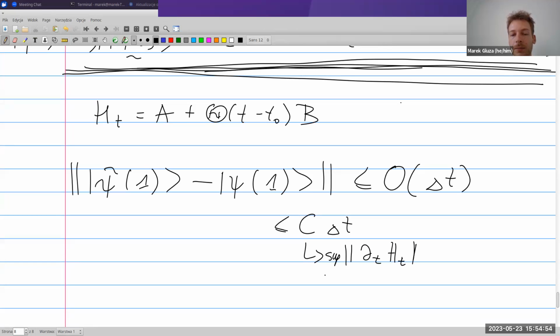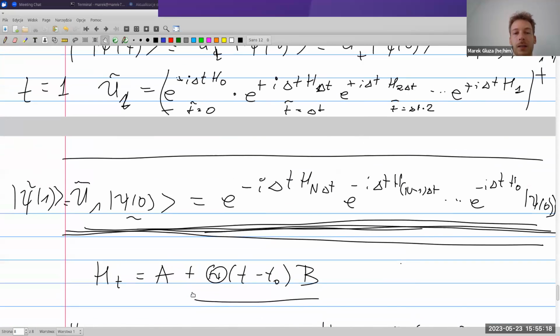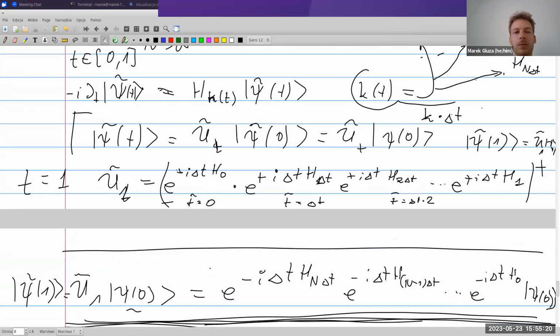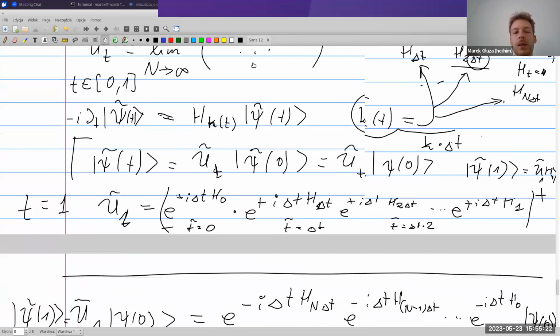And here we would need some supremum over t in our interval, that's why 0, 1. And that's what we did. What we said is h prime is smaller than infinity. We kind of assume that. Other than that, if the Hamiltonian changes are smooth enough, then it's fine. This kind of stepwise kick is fine, but it should be kind of decent enough.